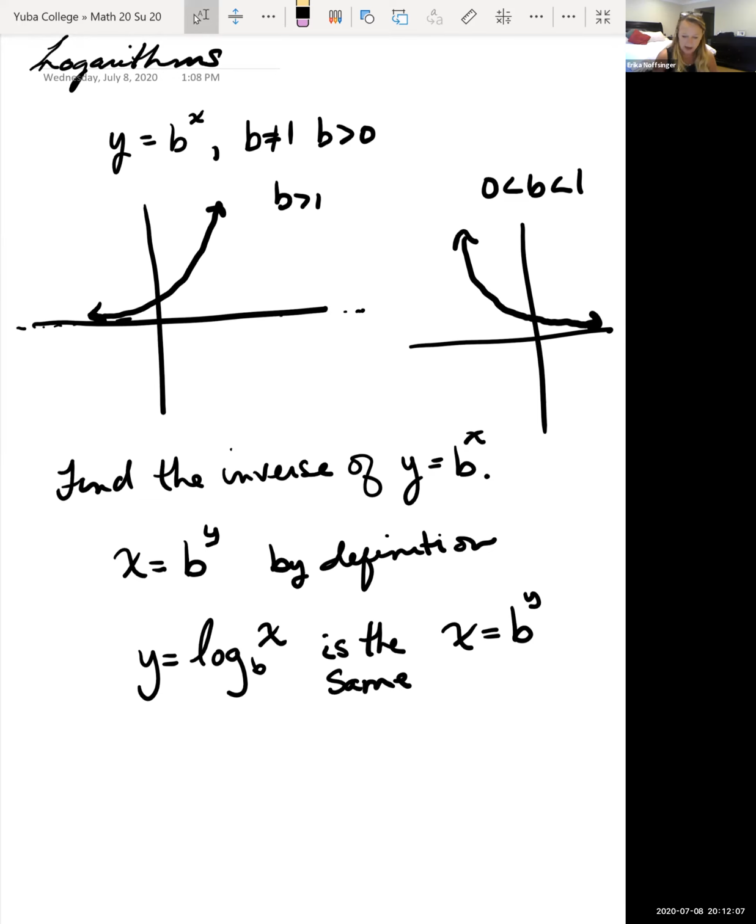Anyways, when we were looking at exponential functions, notice that our domain is all real numbers.